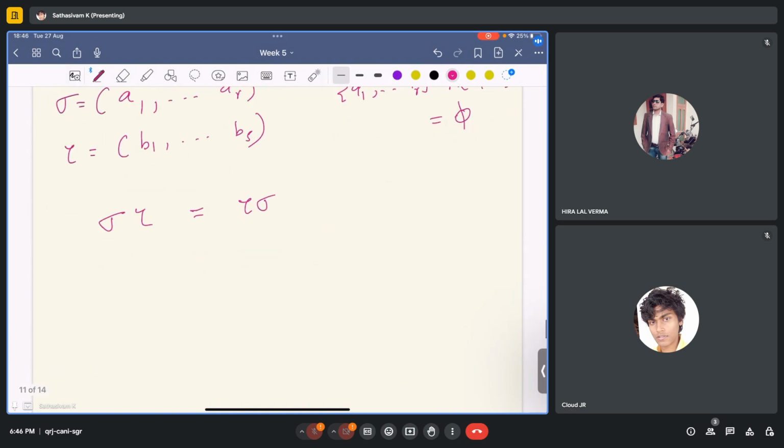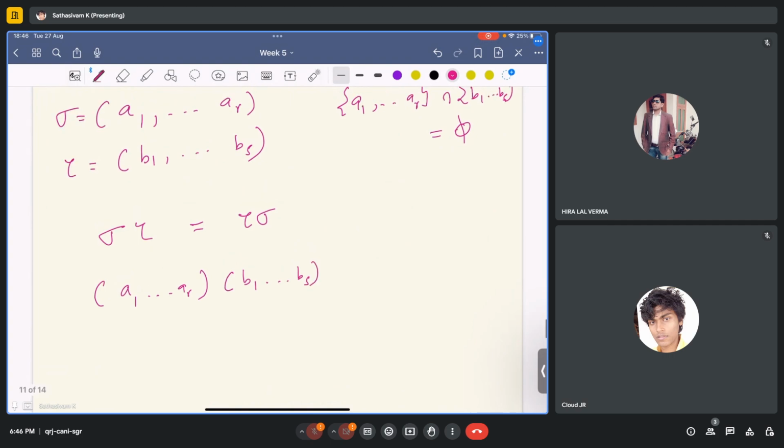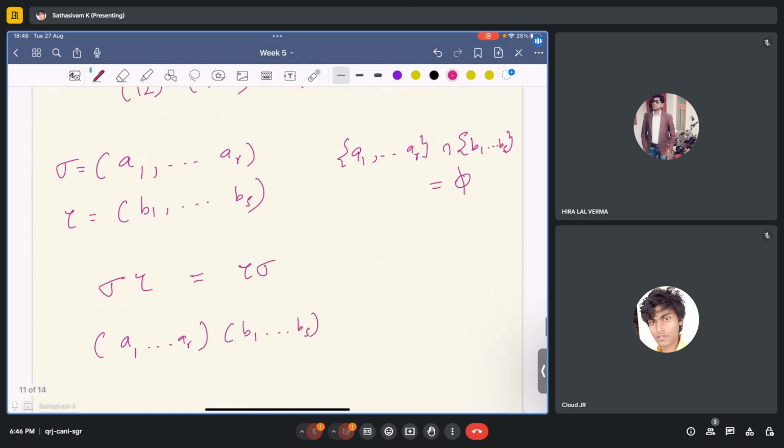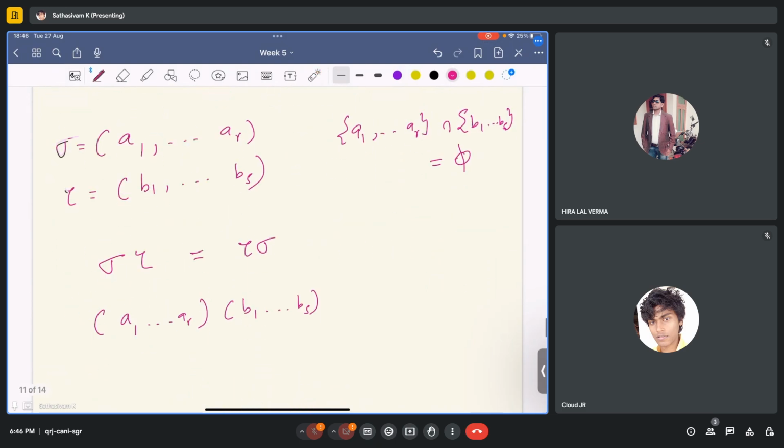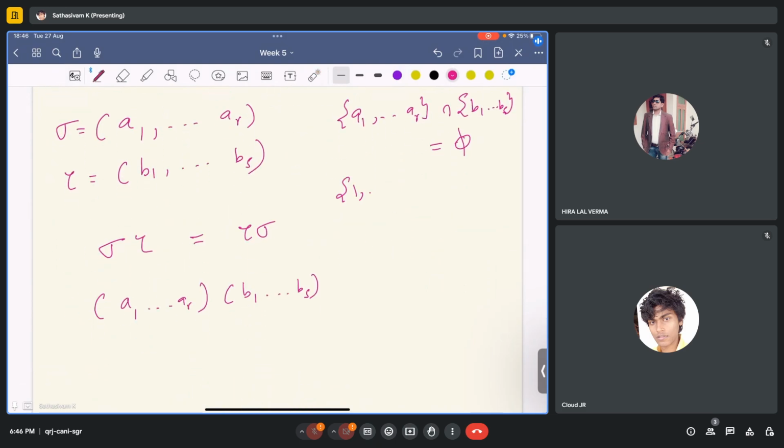What is sigma tau? Sigma tau is just a composition, right? It's just A1 to AR, B1 to BS. So you observe that these are disjoint, but we are working with Sn, right? So basically, 1 to n is nothing but you can write it as A1 to AR, B1 to BS, and let's say some C1 to CT.